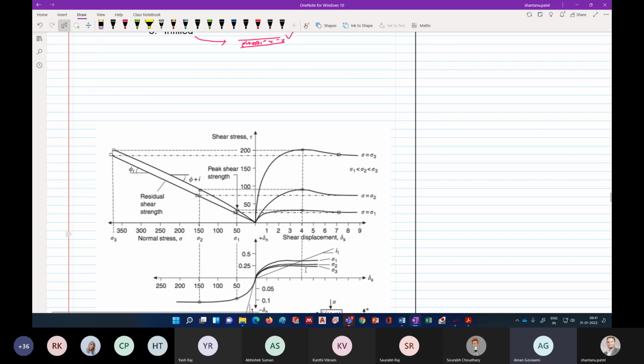Yes, sir. So this plot here says a slightly different thing. This is shear stress tau versus shear displacement and normal displacement.